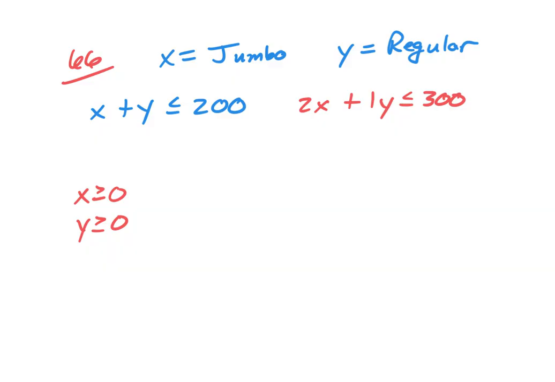So 0 is the lowest number that we're going to deal with here. So once again, we're going to make a quadrant. First quadrant is all we need, okay? And that's going to be the case most of the time. There are a few times where that may not be the case.